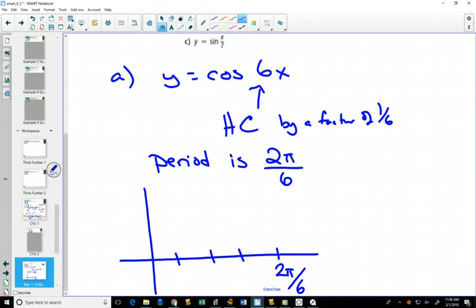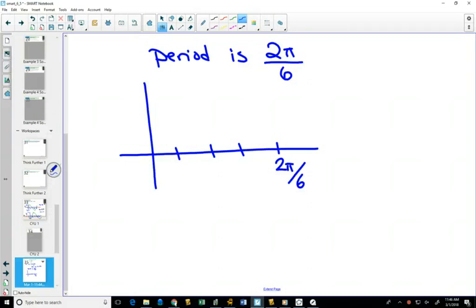Now, when dividing it into 4 equal sections, the way that I would go about it is I would mark the one in the middle first. What's half of 2 pi over 6? Pi over 6. And if you cut pi over 6 in half, you would get pi over 12.